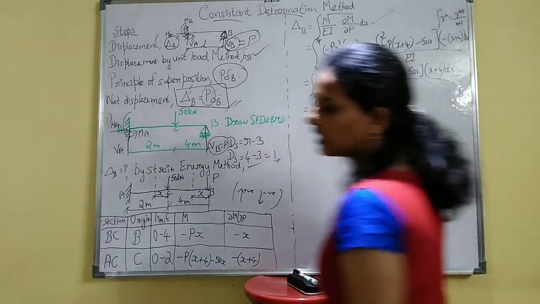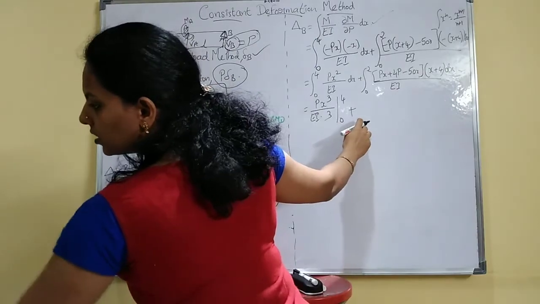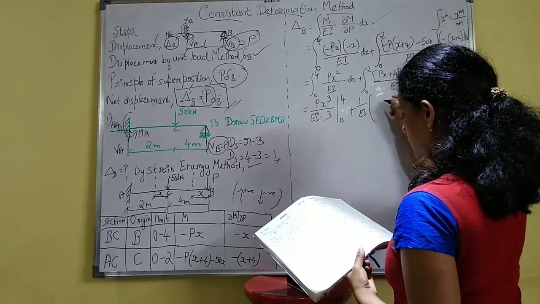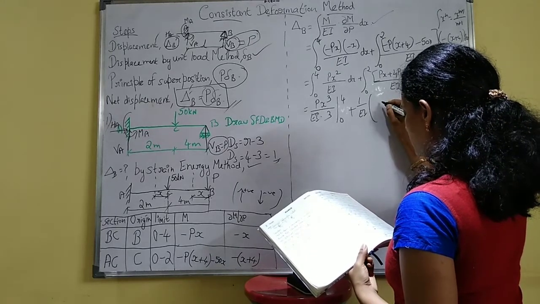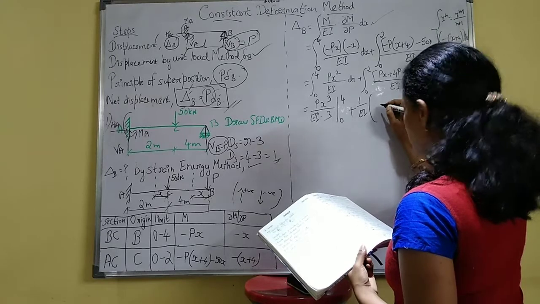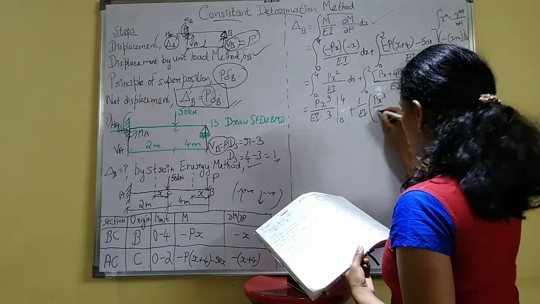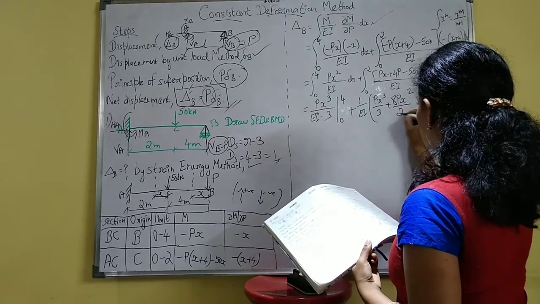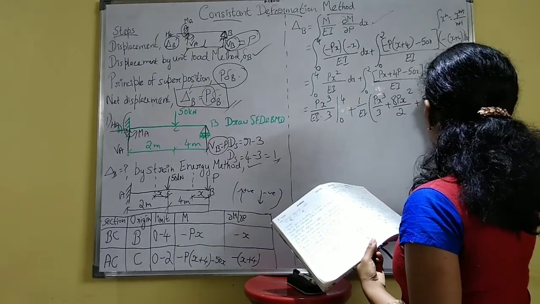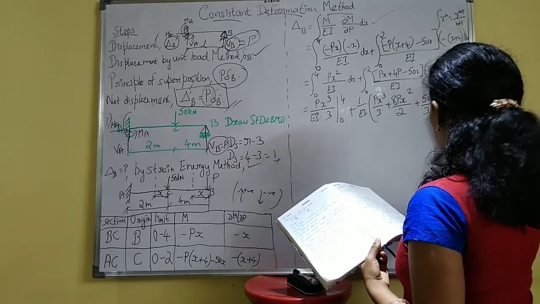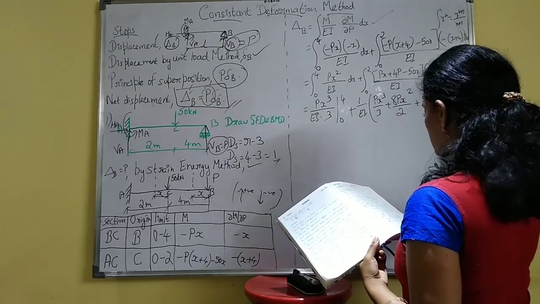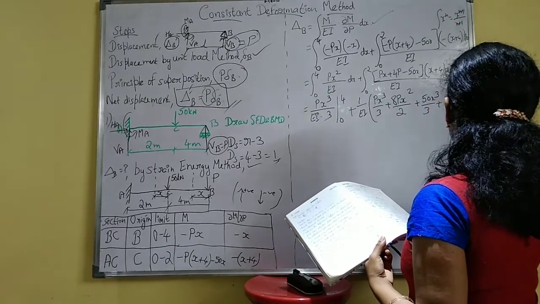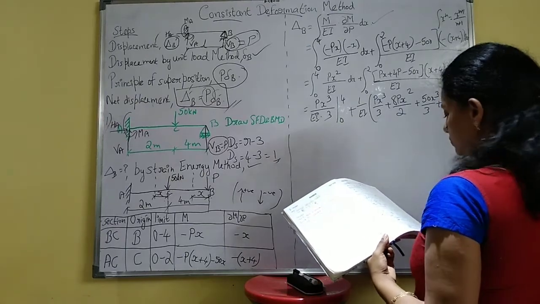Similarly, I'll write this directly. Just simplify and get it. So 1 by EI, P x cube by 3, plus, after simplification, 8 P x square by 2 plus 50 x cube by 3 plus 16 P x plus 200 x square by 2, limit 0 to 2.